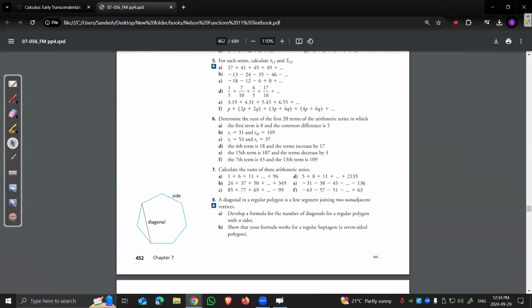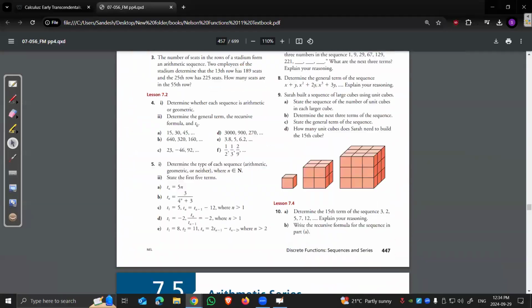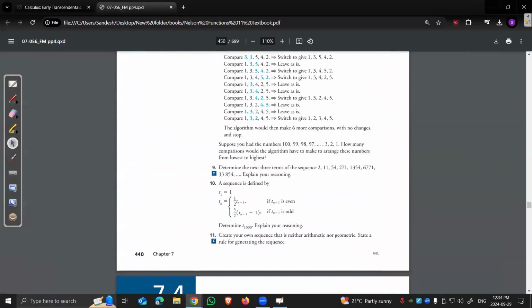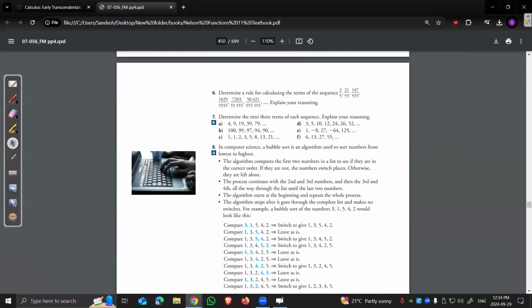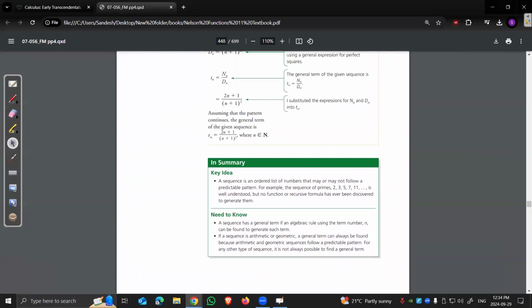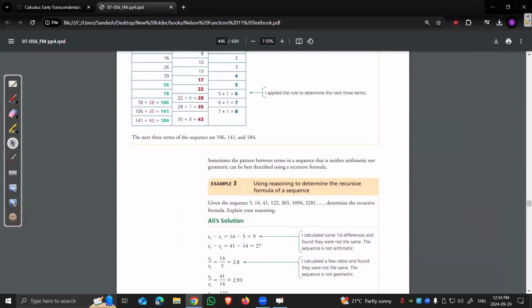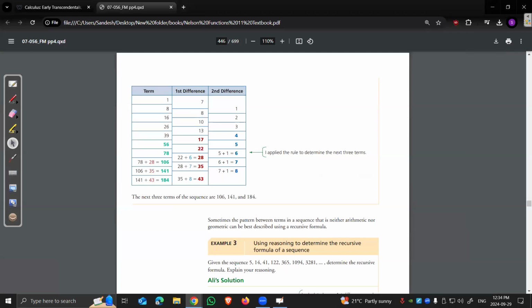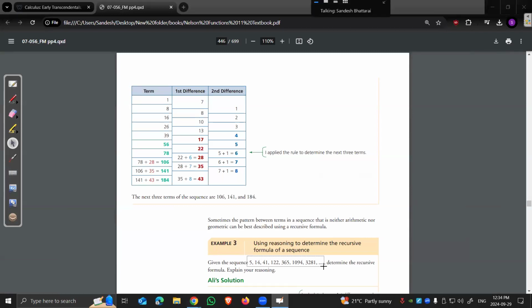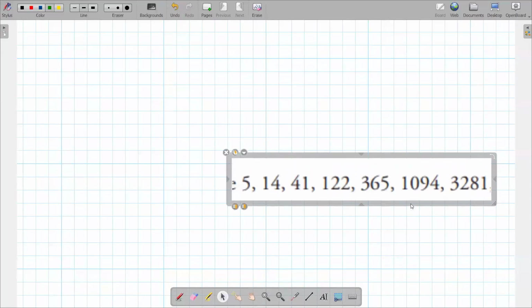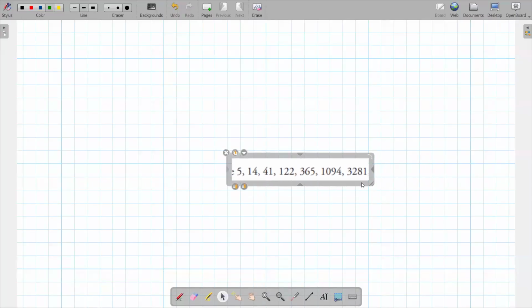Let me just find it. Maybe something like this. See if we can even write it as a general form. Let's look at this one.